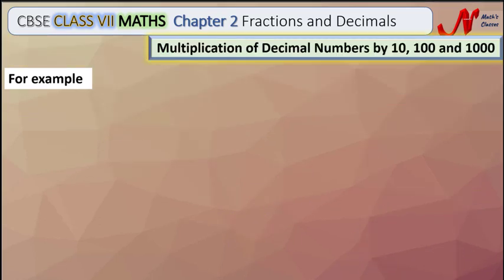Now we discuss some examples about multiplication of decimal numbers by 10, 100 and 1000. For example, we multiply 1.76 with 10, which can be written as 176 by 100 into 10. Here in the denominator we get 100 because in the given decimal number we have 2 digits after the decimal point.